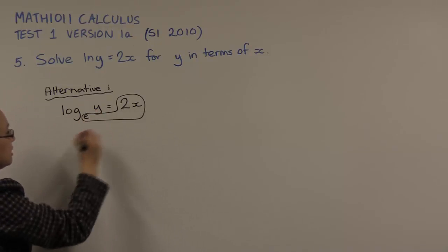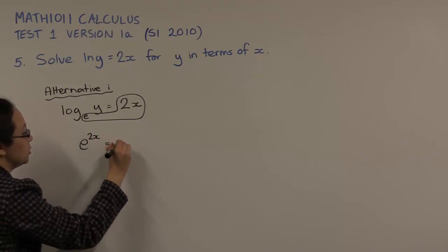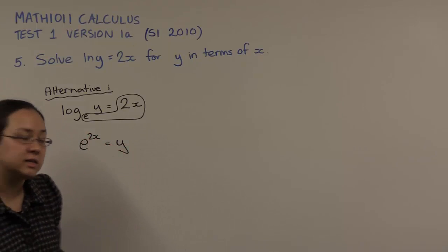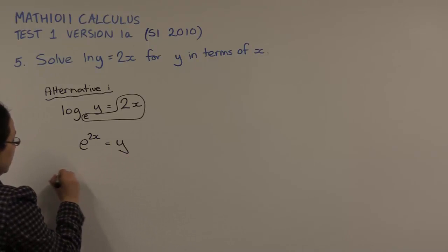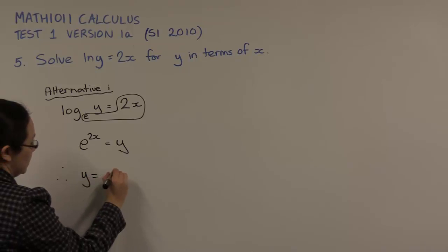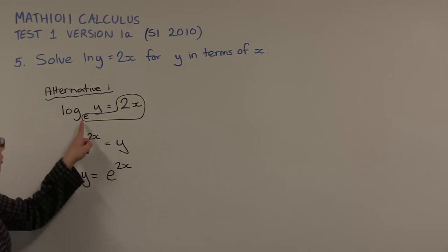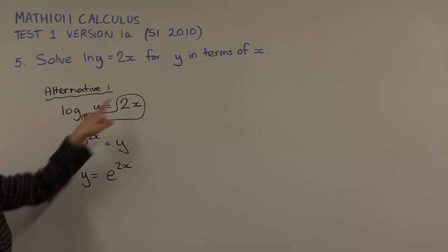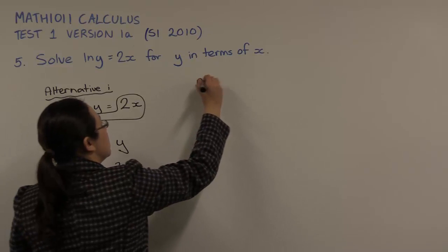So if we just rewrite this, we'll get e to the 2x is equal to y. That's writing it in index form. That's essentially solving it for y in terms of x. If you want to write y on the left, y equals e to the 2x here. Okay, so that's what I call the sock rule. You just draw this sock here, and that to the power of that equals that. That's the definition of the log. So that's one way you might think about this question.